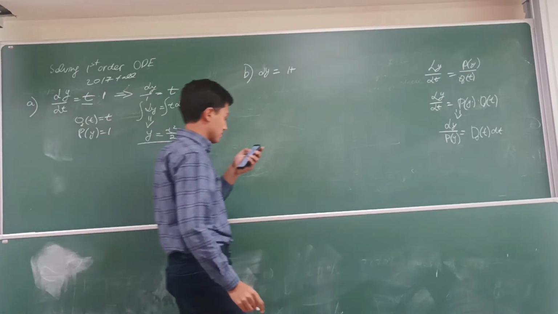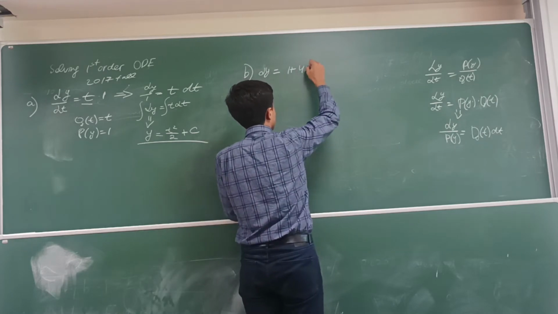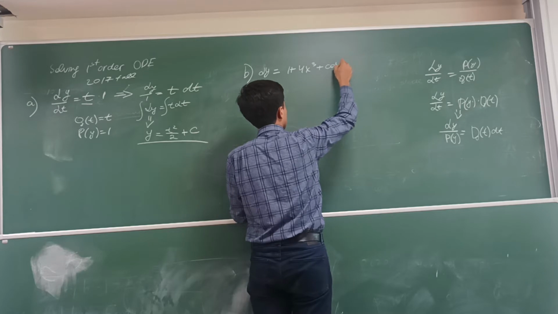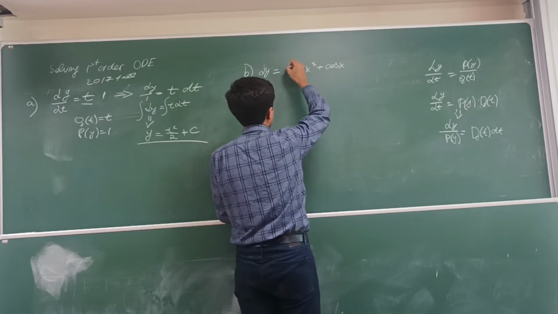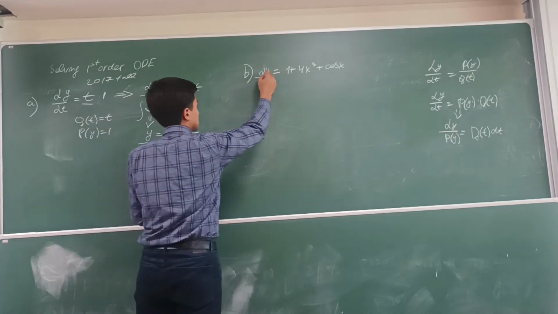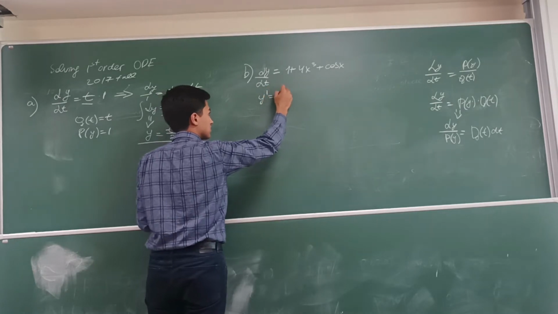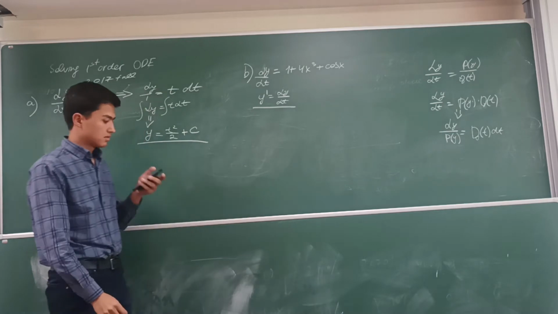So let's consider problem part B. Here you can see 1 plus 4x cubed plus cosine x. Here y prime is written, and it's the same as this form. Any question?